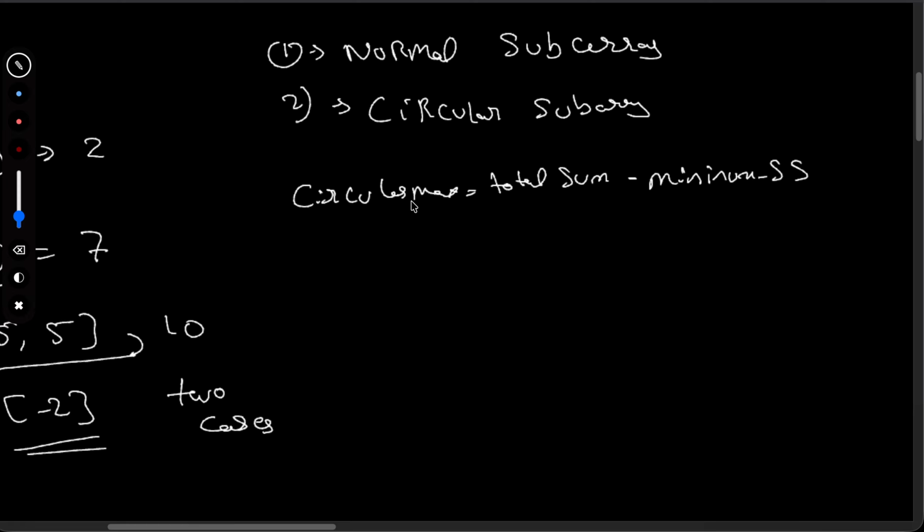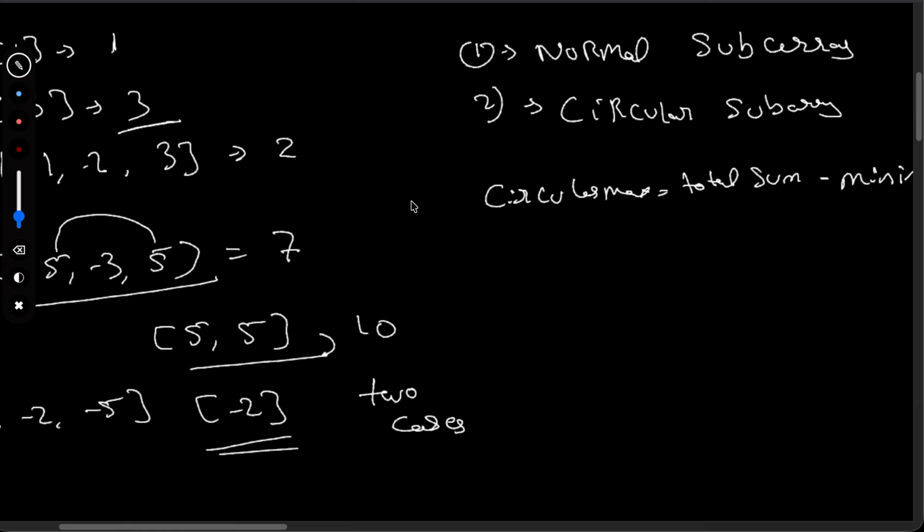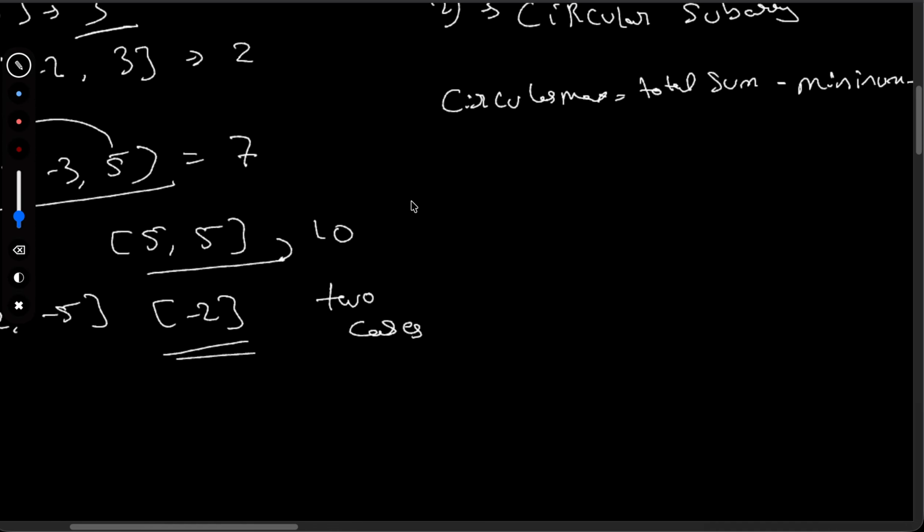Circular subarray means we are skipping some middle part. The skipped part is the minimum subarray. Removing the worst part gives us the best circular sum.